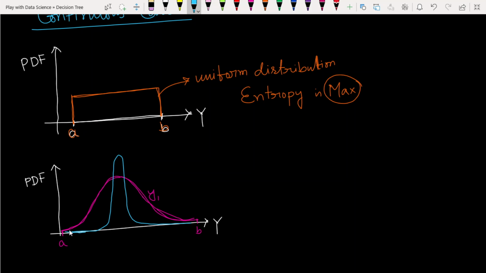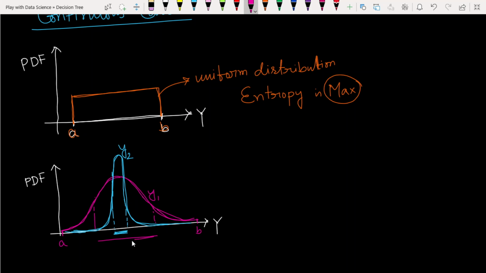In this region, see the blue ink, it is more peaked. This random variable is y2, and this is the y1 random variable. The spread of y1 is much more than the spreading of y2. In y2, most of the points lie in this region, but in y1, most of the points lie across this region.